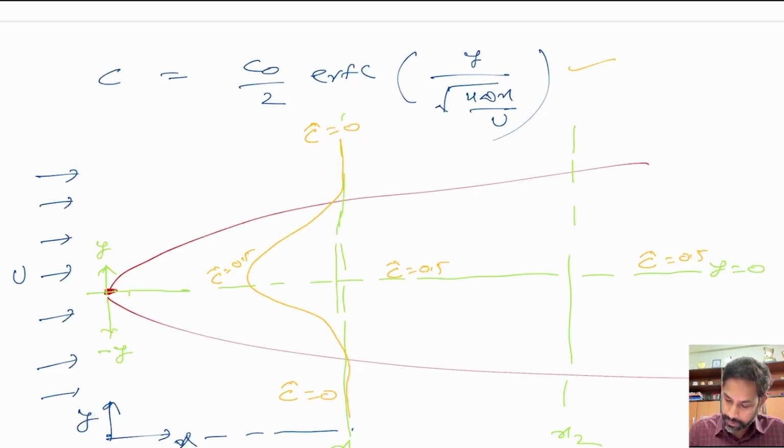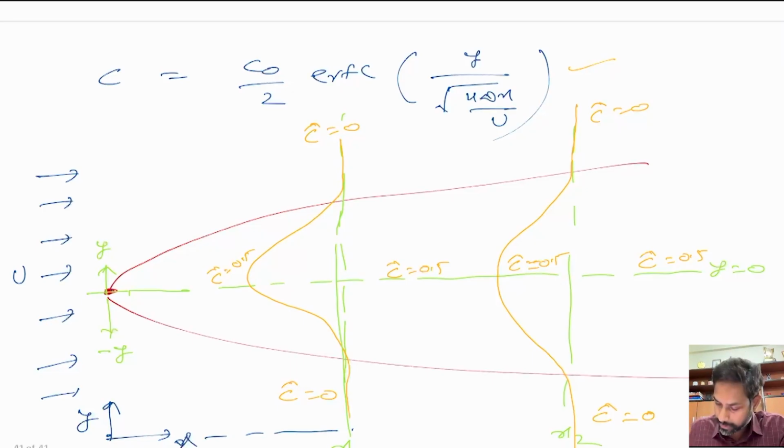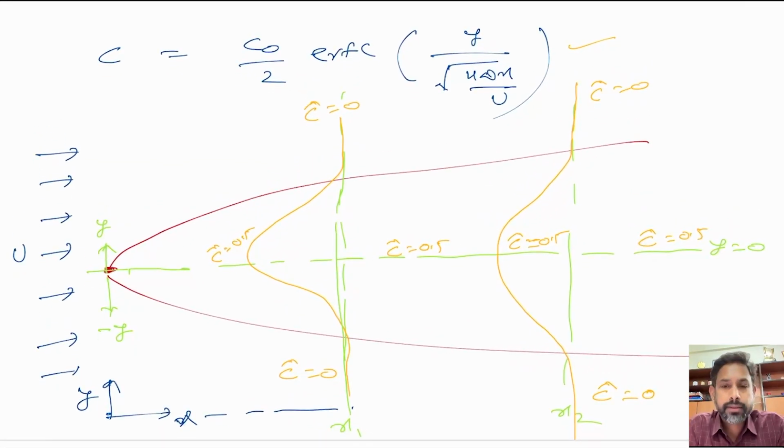This particular line is measured from there. Likewise, if you plot from here, this will look little broadened like this, but here C hat is again assumed to be 0.5 and C hat here is 0. Right, so you can see how your concentration is spreading both in x and y direction for this particular setup.